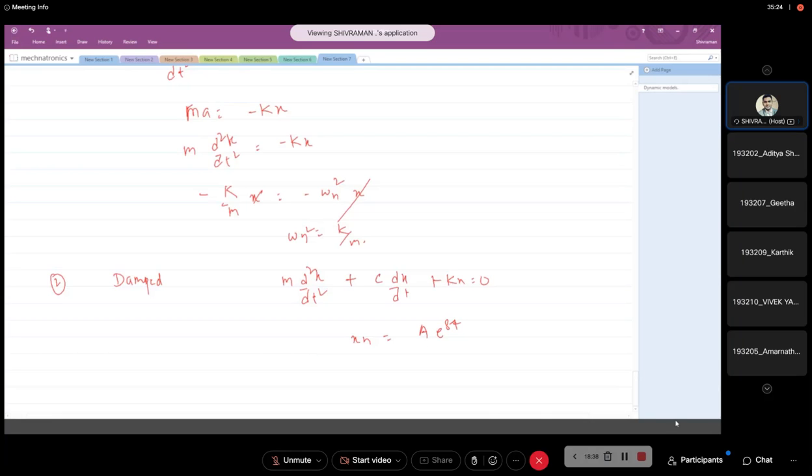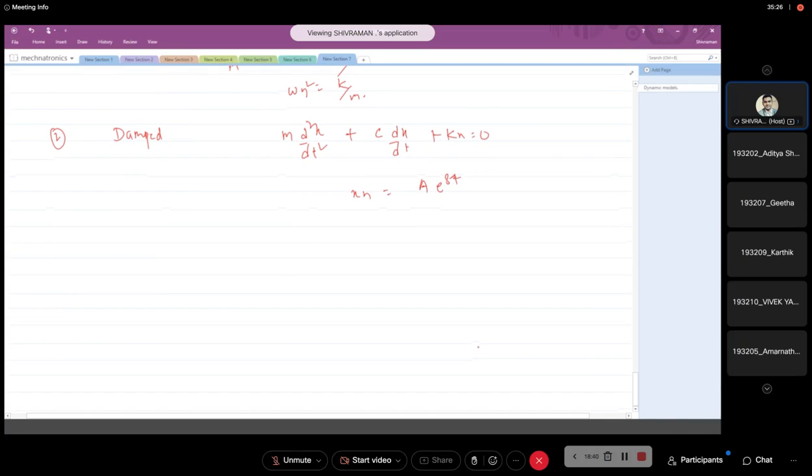Now you differentiate it. So what you will get? dxn/dt is equal to A s e^(st), and d²xn/dt² is equal to A s squared e^(st).